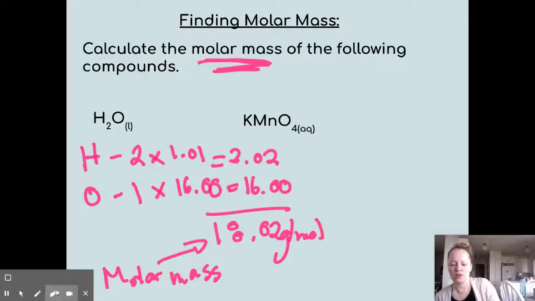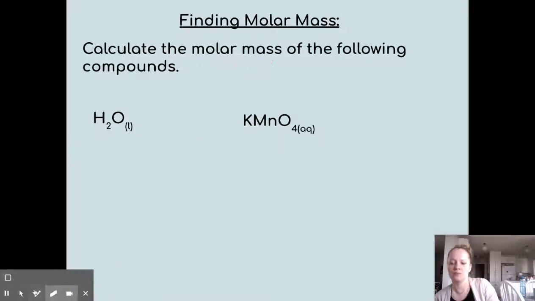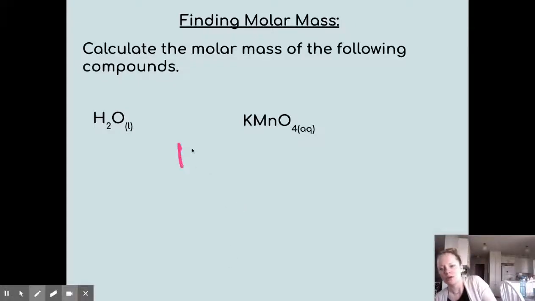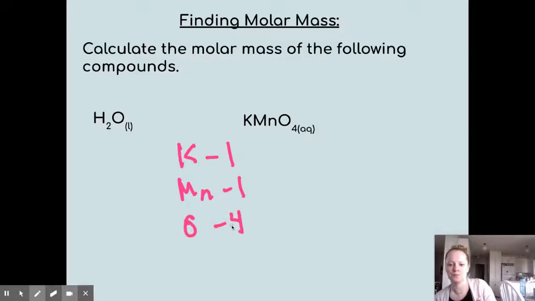Okay. So if we're to do this with another compound, I'm going to look at potassium permanganate. The formula is already written for me. The formula is balanced. So I would count how many I have of each one. Potassium, I have 1. Manganese, I have 1, and I have to break it apart. And oxygen, I have 4 of them.